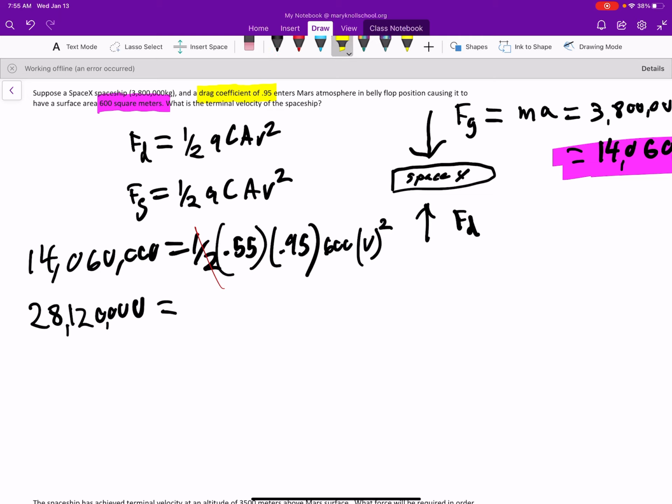Okay, now I'm just going to multiply all these three together, and I get 0.55 times 0.95 times 600. And I get 313.5. All right, v squared, divide both sides by 313.5, and we got it.